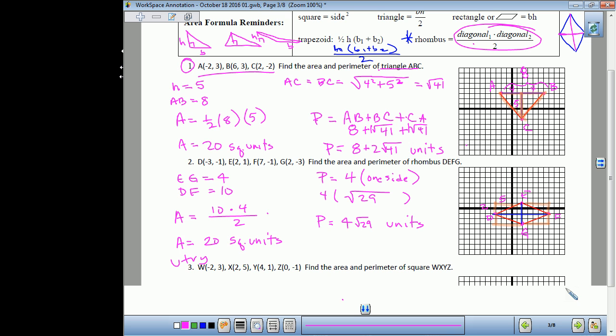Look at a square. Oh. I need to read the directions a lot more. Honestly, Jordan. I honestly need to read the directions. Yeah, if it wasn't tilted, it'd be so much easier. Do I remember the formulas?